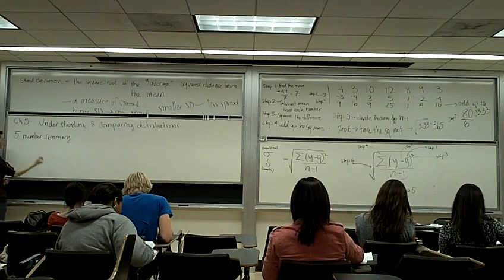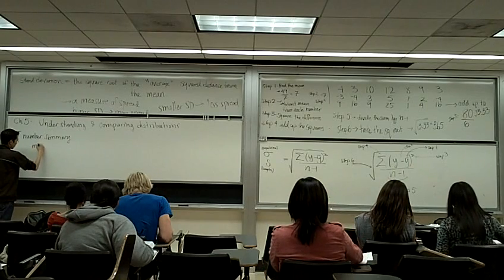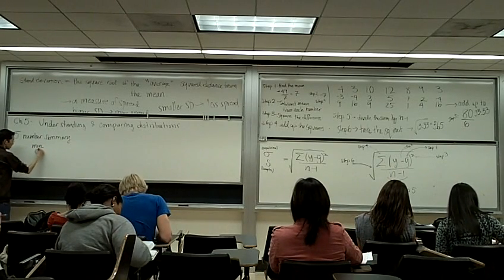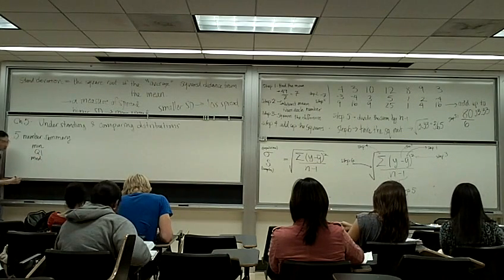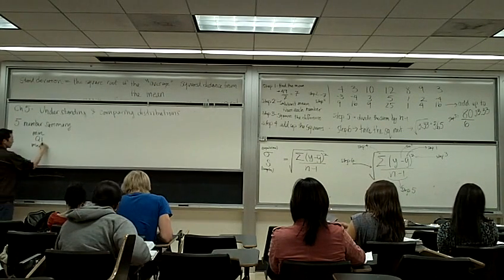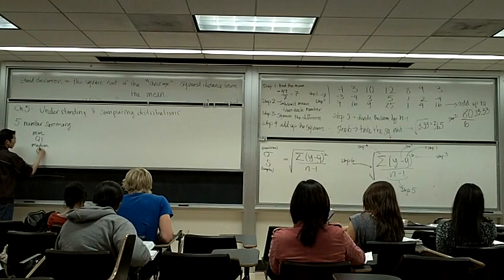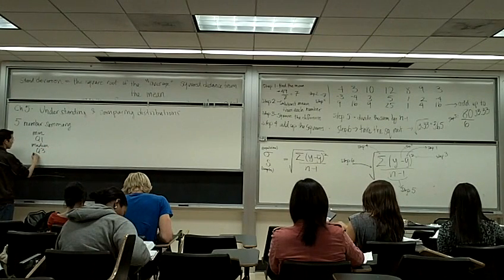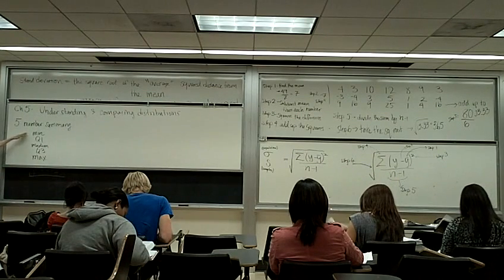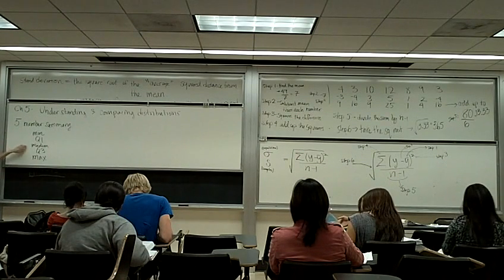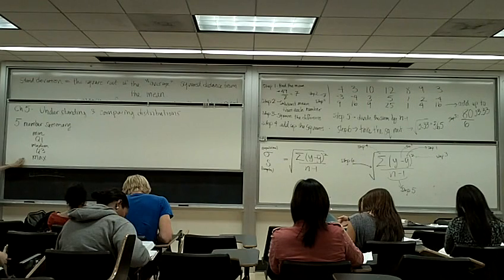Those 5 numbers are the minimum, the first quartile, the median, which is also the second quartile, the third quartile, and the maximum.